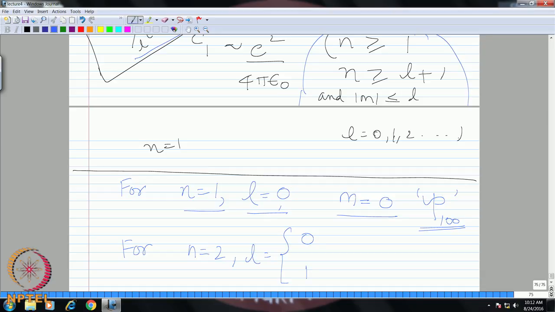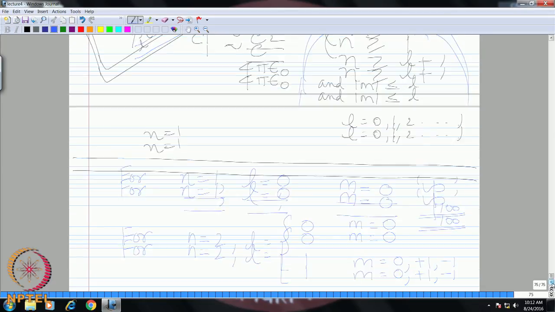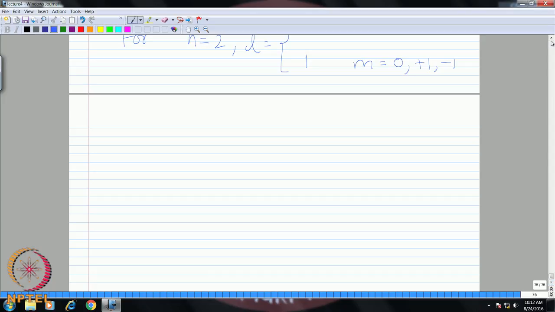Again, for L equal to 0, the value of m is 0, and for L equal to 1, m is 0, plus 1, minus 1. The magnitude of m can be less than or equal to L, so 0 is also a possibility. Therefore, in this case how many quantum states do you have?